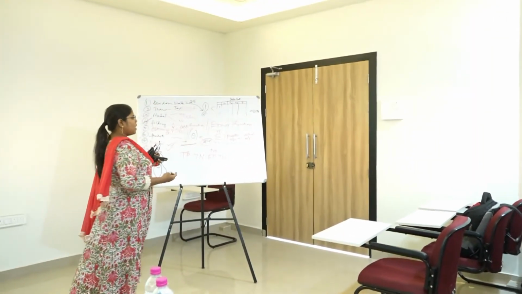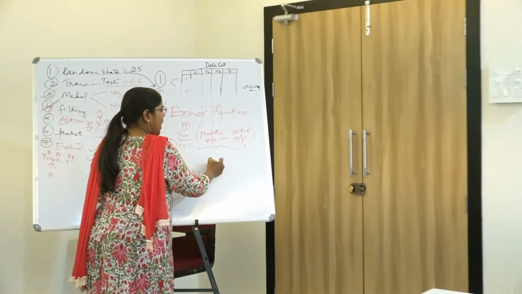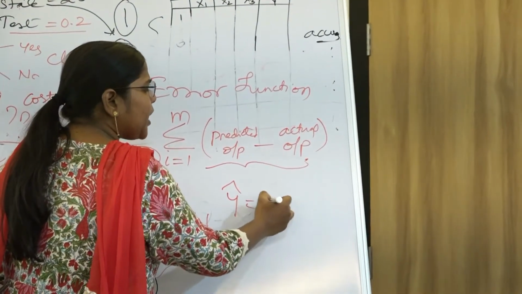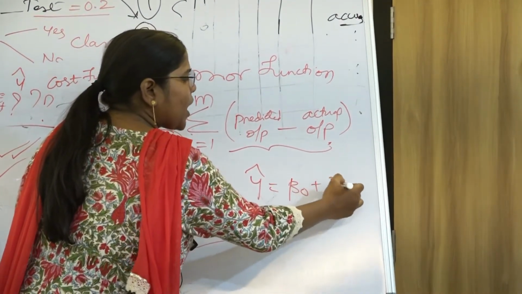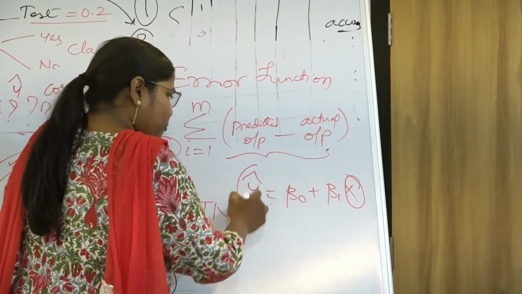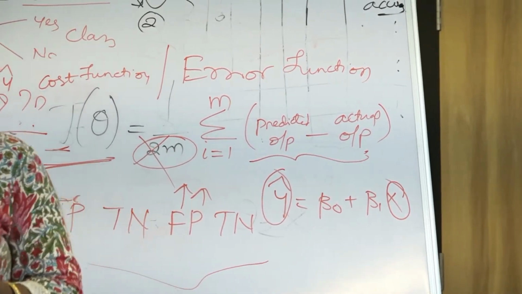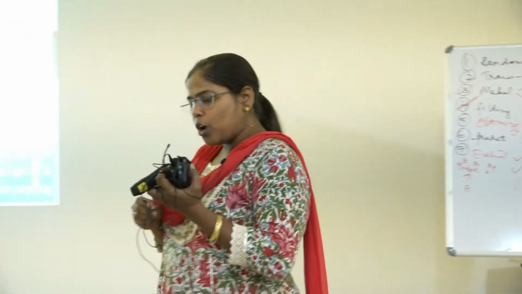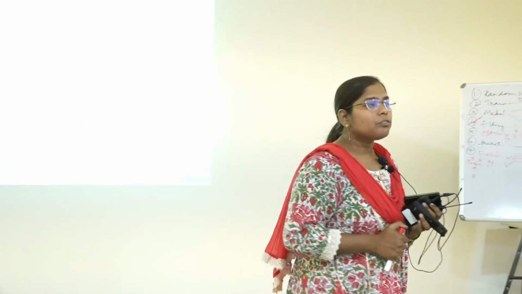We know features are fixed. We know output is fixed. What can we change? In this, y cap is equal to beta naught plus beta 1 x. If x is fixed and y is also fixed, what can we change?